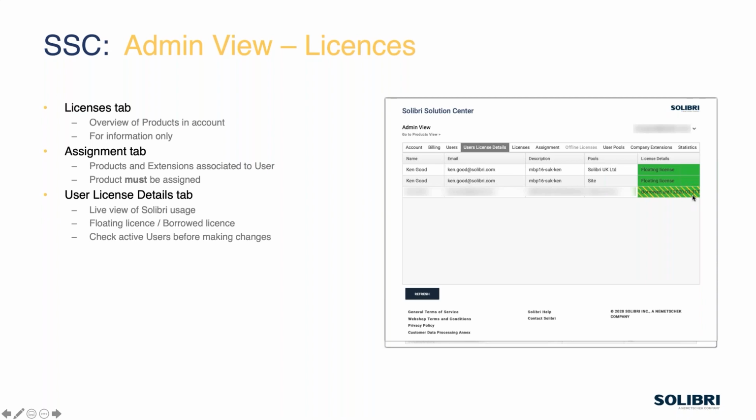So you've got an idea of when that'll come available again if they don't return it before that time. So it's important that we check in here. As I say, it gives a live indication of where you are with floating licenses and borrowed licenses. There's also another type of workstation license, but it's not very common, so I haven't got any to include in here, but you might see that from time to time.